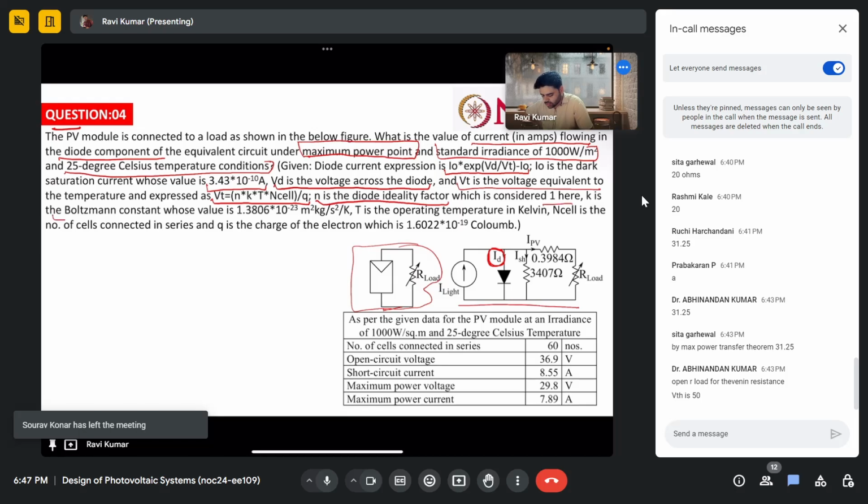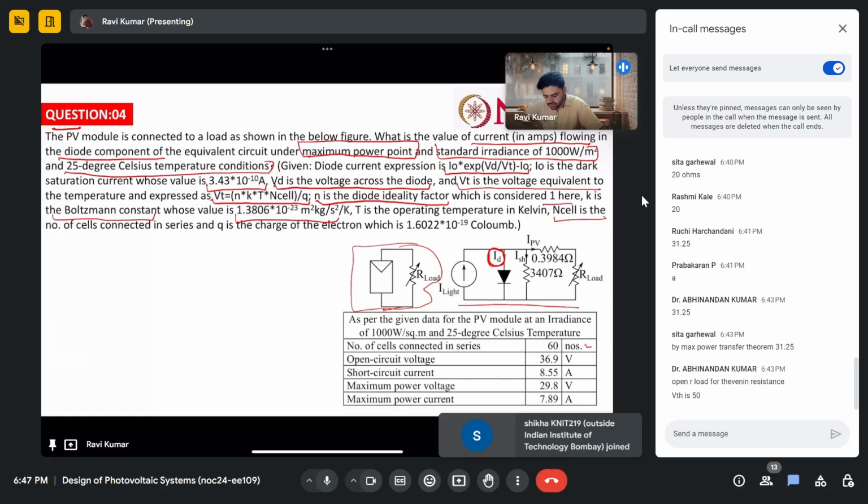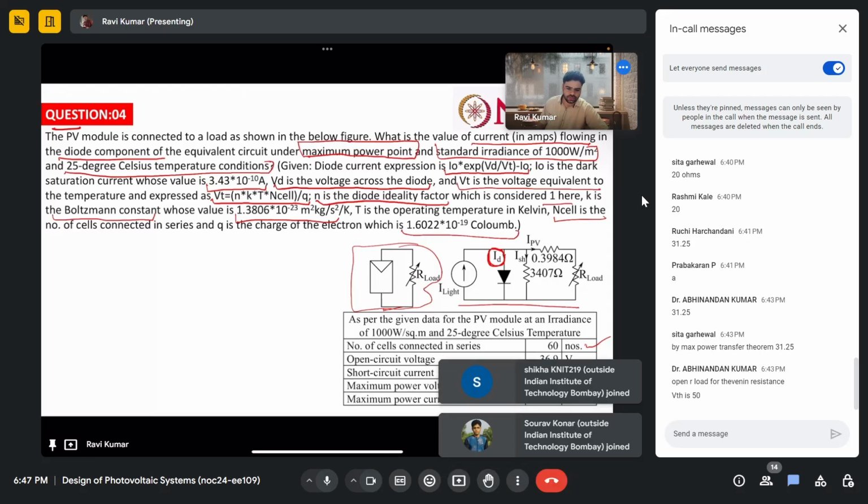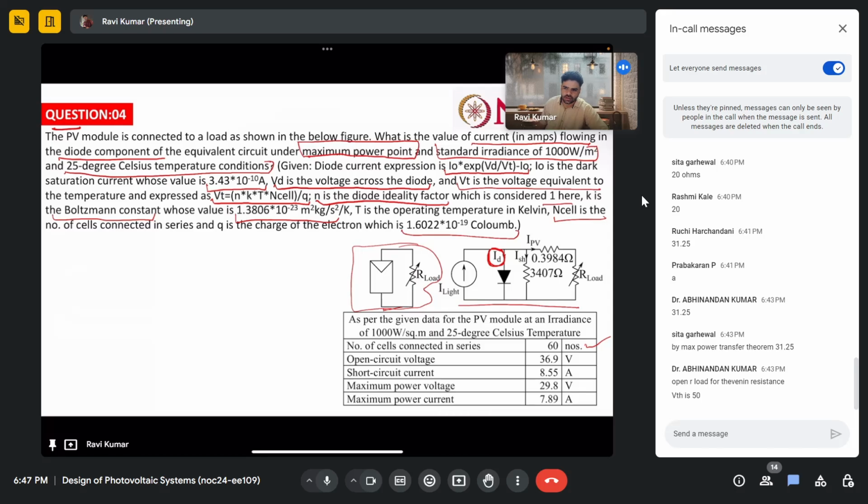K is the Boltzmann constant, value given here. T is the operating temperature, and N cell is the number of cells connected in series, which are given here. And Q is the charge of the electron, which is given here. So these are just the given values. Don't be afraid by seeing the question's length. It is just a 2-line question.